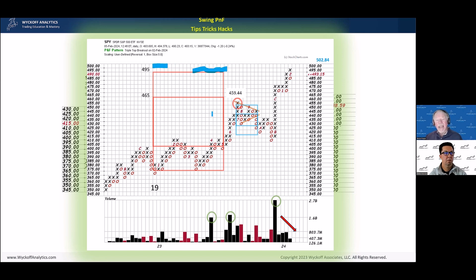Now, what has to happen, and this goes back to the schematics, is that you get a climax, a buying climax, and then you get a big correction that's unexpected, which is called an automatic reaction. And then you start building a cause.